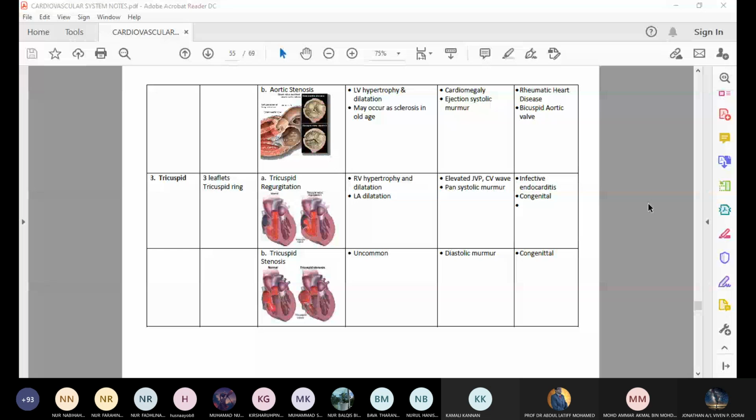Okay. It can also happen in patients with IHD, and in patients with IHD, they will have microregurgitation. Okay. Especially in the elderly.